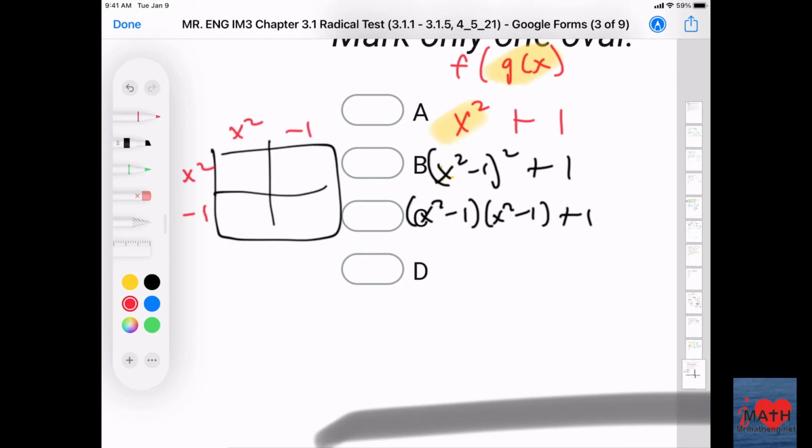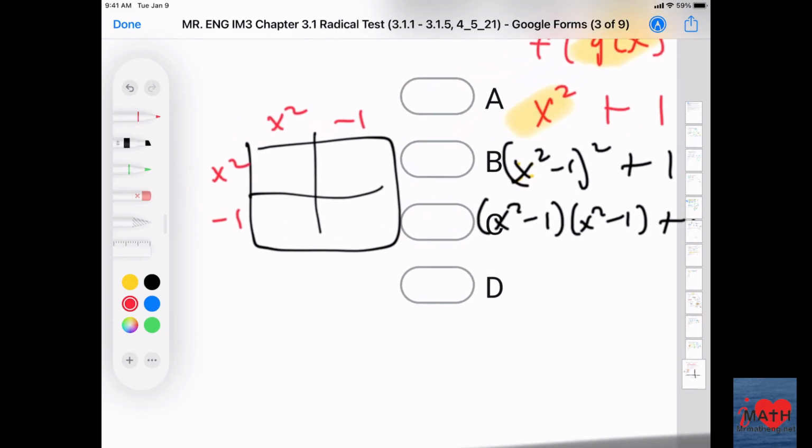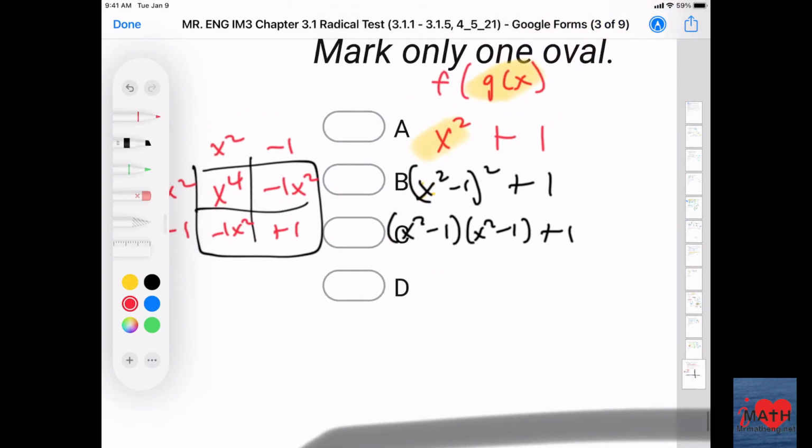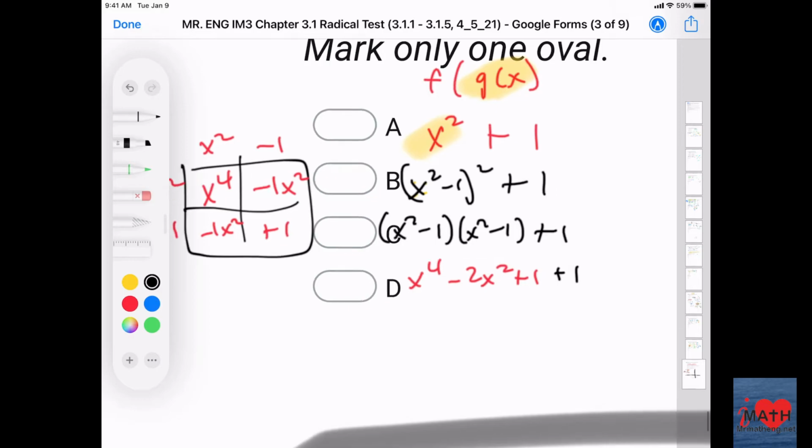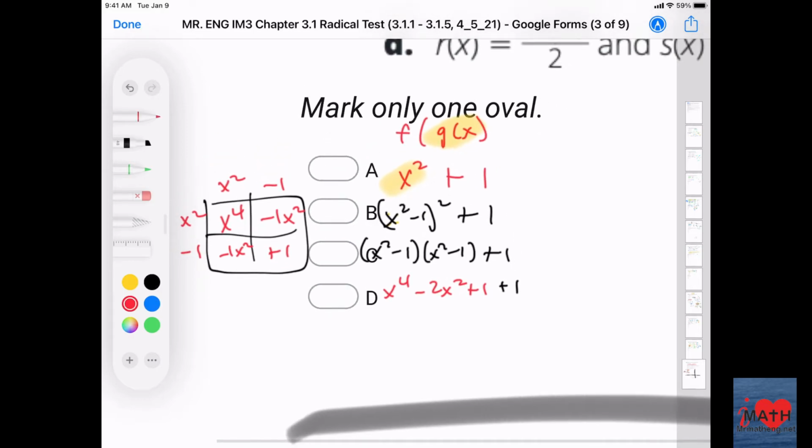We're going to multiply, then combine like terms. So x to the 4th, negative 1x squared, negative 1x squared, positive 1. Combine like terms, you get x to the 4th minus 2x squared plus 1, and then you also have that plus 1. So our final answer is x to the 4th minus 2x squared plus 2.